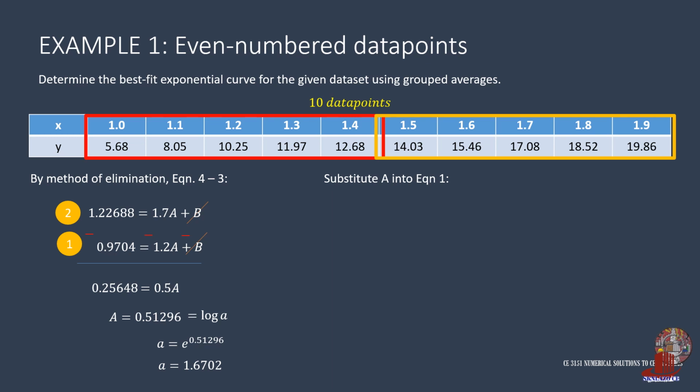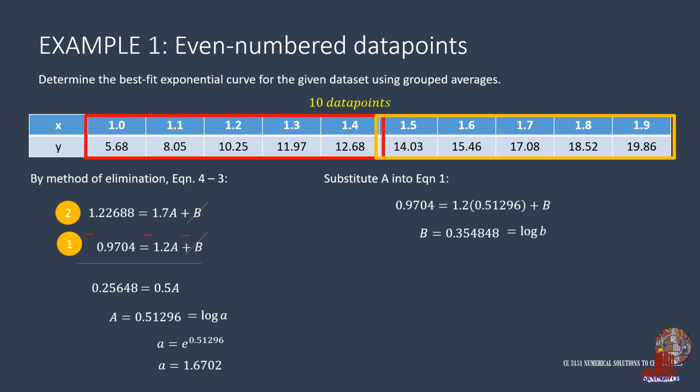On the other side, plug the value of capital A into equation 1 to have 0.9704 equal to 1.2 times 0.51296 plus B. Capital B is then 0.354848, and this is also the logarithm of b.